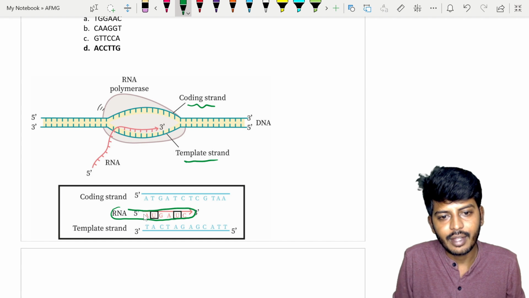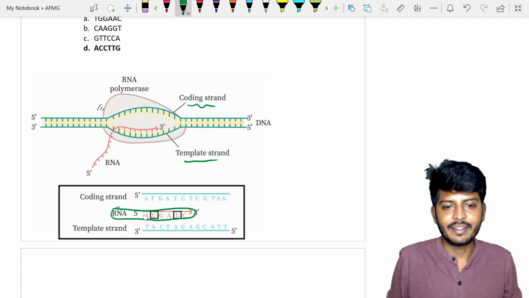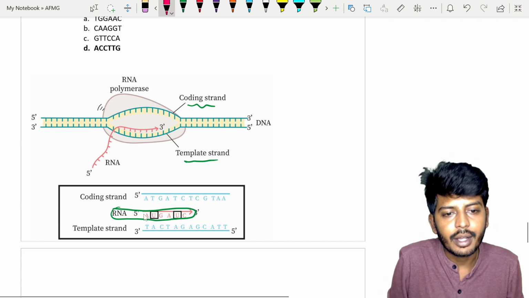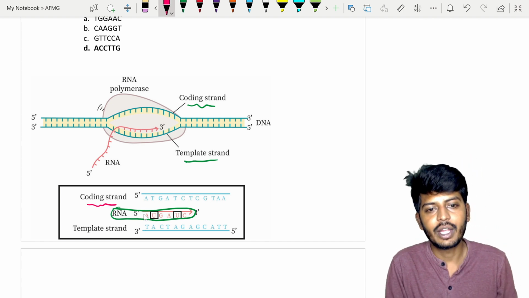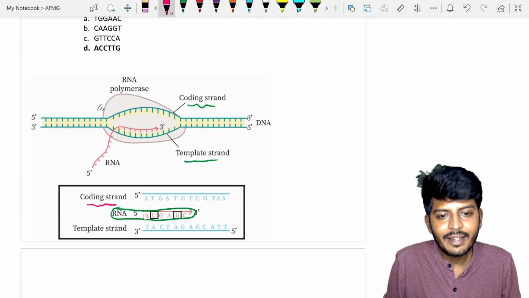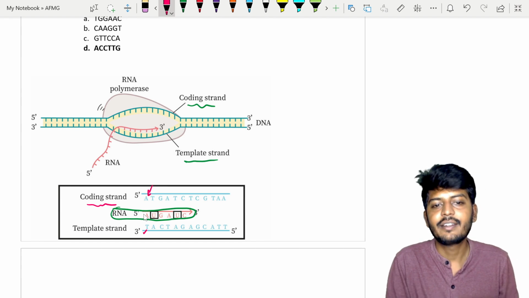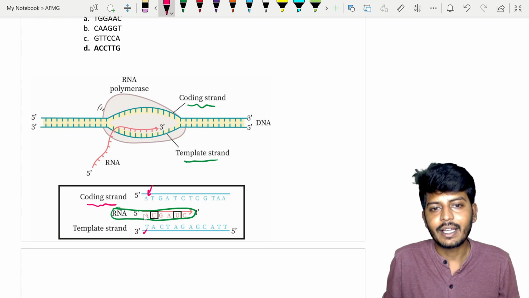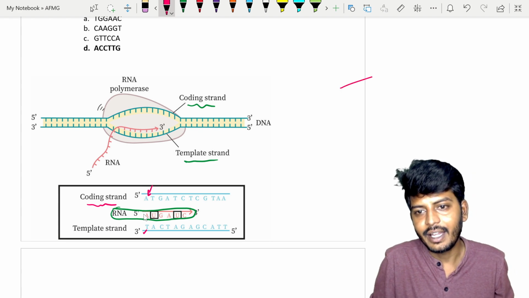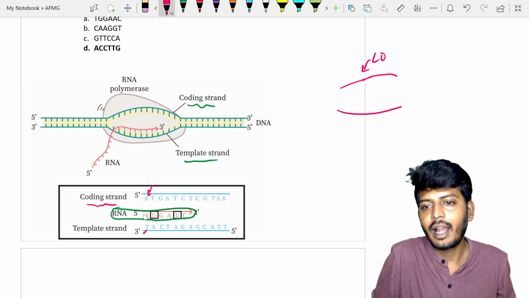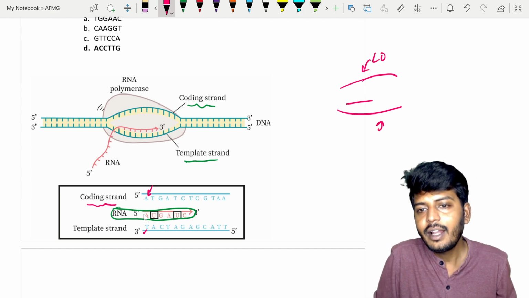Whatever the template strand is, the template strand is complementary to the coding strand. So if the template strand consists of thymine, automatically the coding strand consists of adenine. So now the DNA is separated like this: this will be the coding strand and this will be the template strand. On the template strand, what is going to form is mRNA.